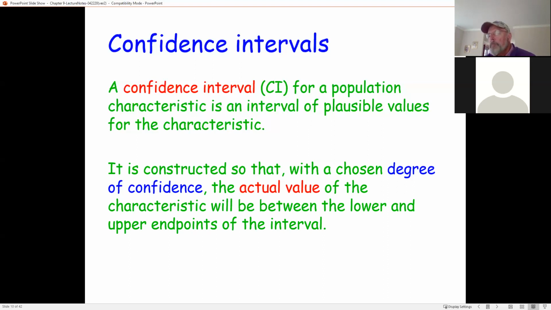All right, so we can construct it with a degree of confidence. We actually have to put together some level of confidence before we even start with the building of the interval.